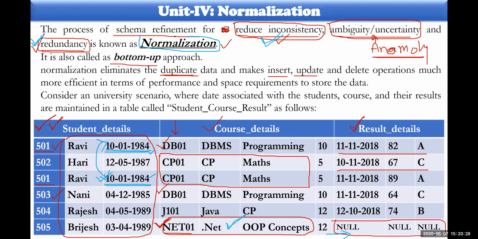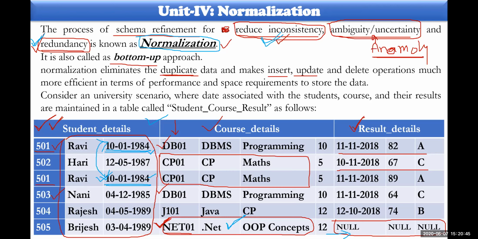On this particular huge schema, you have to make changes in a particular way. Look at this. If you want to insert the data for 501, 501 has taken one more course, that means .NET will be taken by 501.